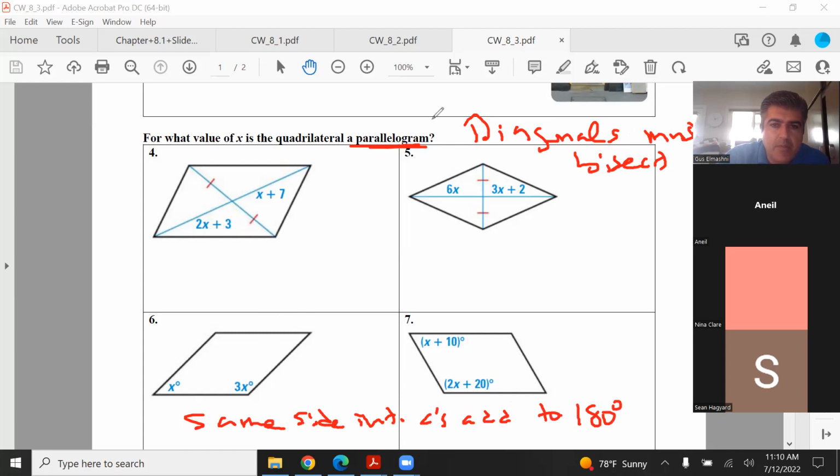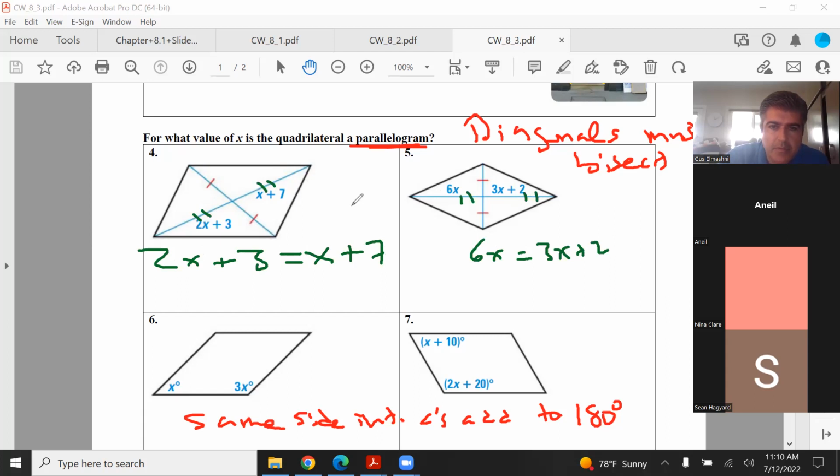So in this case, 2x plus 3 must equal x plus 7. Where here, 6x must equal 3x plus 2, because these are also going to bisect, and these are going to bisect.